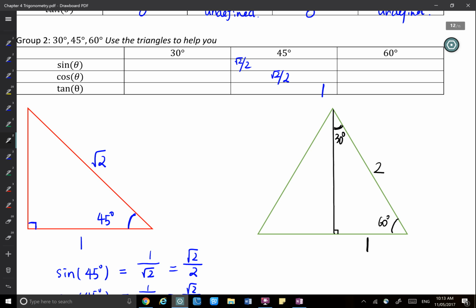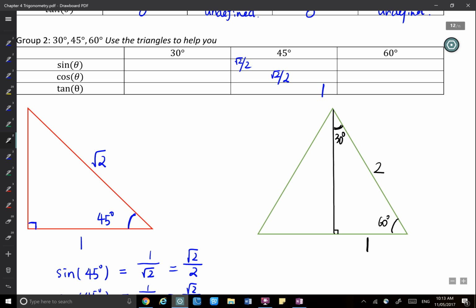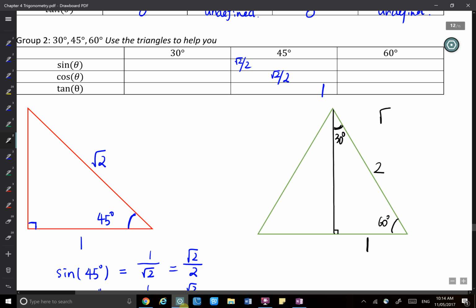Just look at half of that. That's a right angle triangle. You know the hypotenuse, you know one side length. What's the other side length? √3. Okay, square root of 2 squared minus 1 squared, which gives you √3.